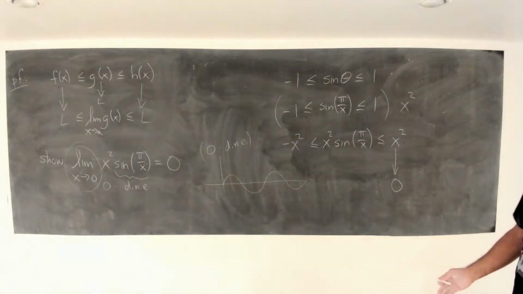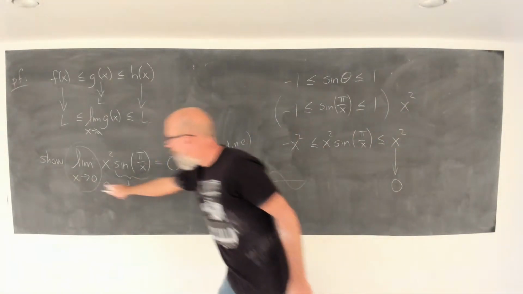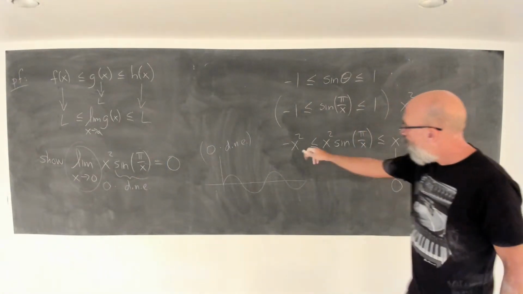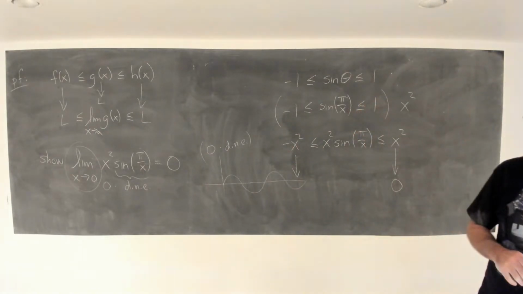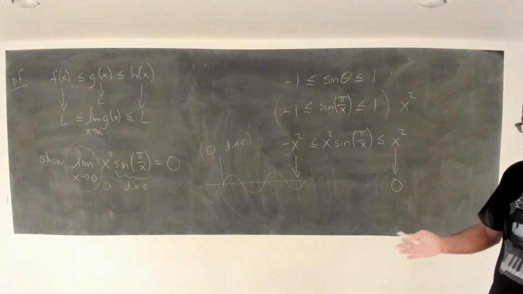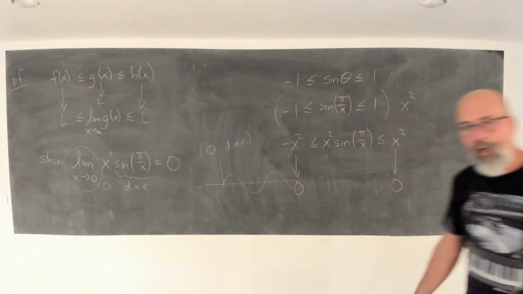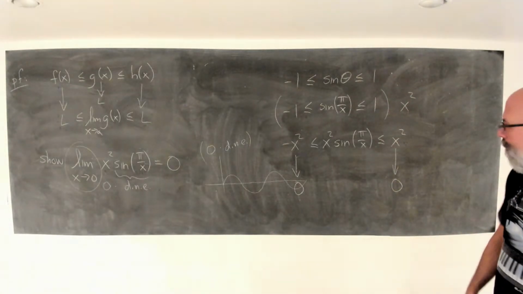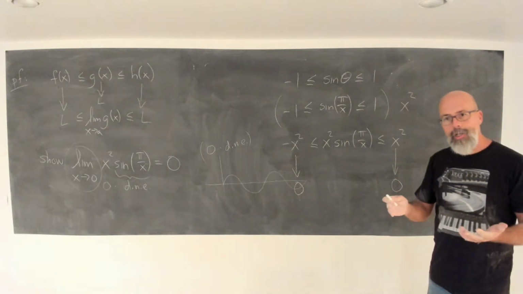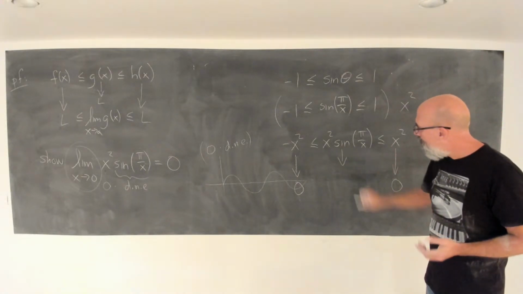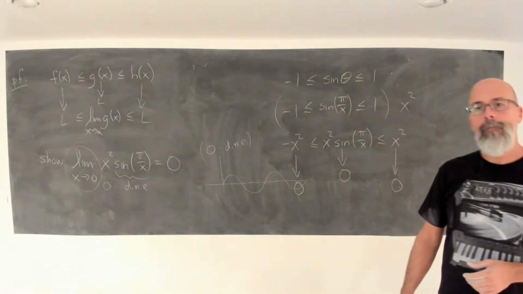It's just a polynomial, you can plug in, and when you plug in 0, you get 0. What about the left? Again, just a polynomial, you can plug in. So the limit of the left is 0, the limit of the right is 0. So by the squeeze theorem, the limit of the inside must be 0.